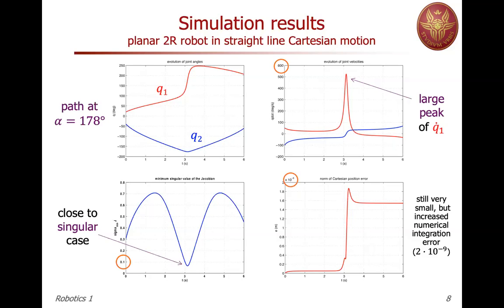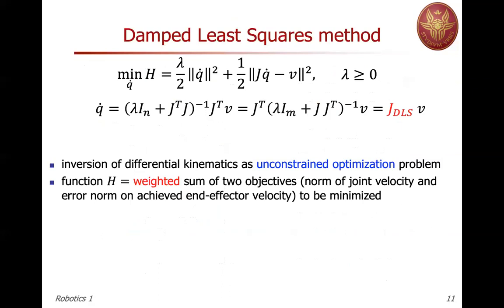The start point is exactly the same as before. And then you moved inside the workspace, so the distance from the singularity as measured by the smallest singular value of the Jacobian, which is related to the eigenvalues of this matrix. We will see this explicitly. Now, when you're getting closer, you get much lower here.